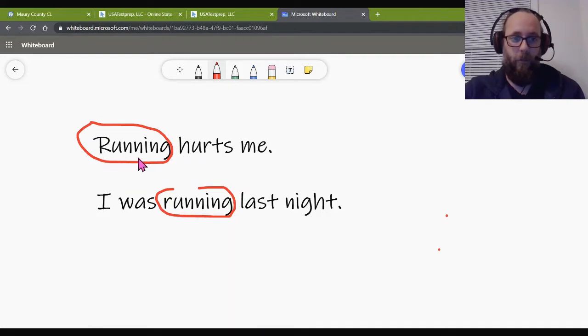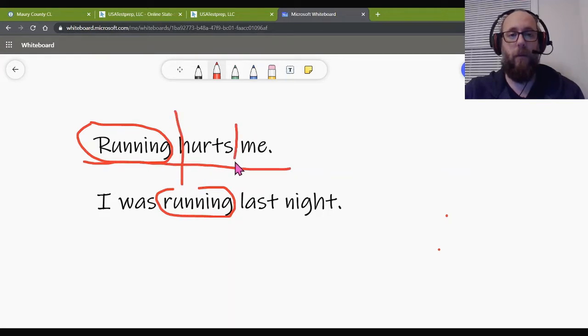So what's my actual verb? What's the doing thing here? If you're not sure, what's the subject? Let's go back to our diagram here. I'm going to help you out. Here we go. Subject over here. Running. What is the running doing? It's hurting. So this is the verb.